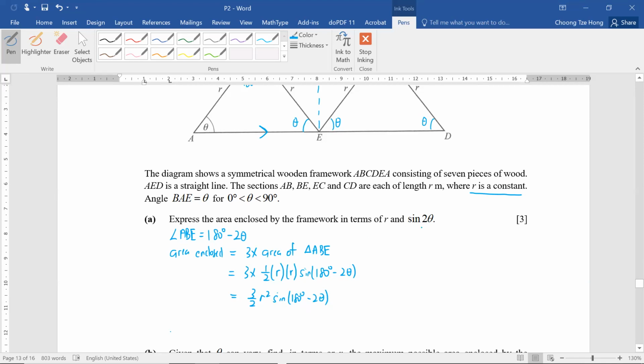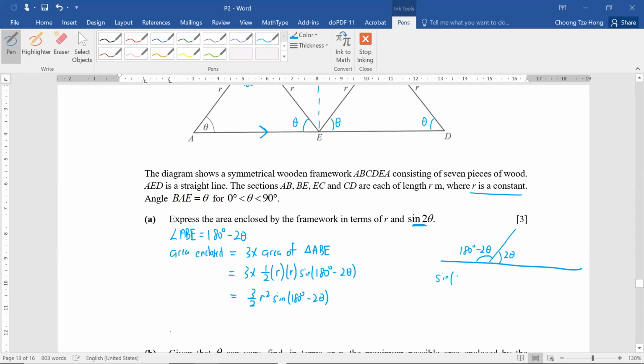But what they want us to express is sine 2 theta, and what we have is sine of 180 minus 2 theta. So what is the relationship between those two angles? If we have a straight line and this one is 2 theta, then this is 180 minus 2 theta. If two angles are on a straight line, then the sine of both of the angles will be equal.